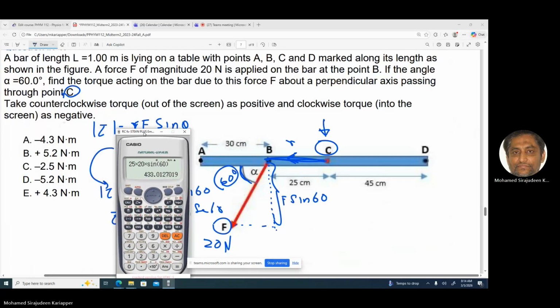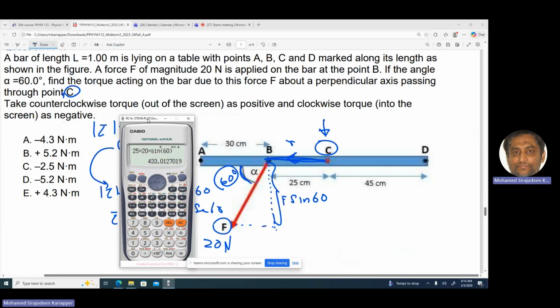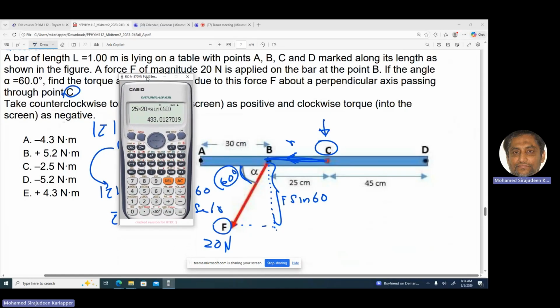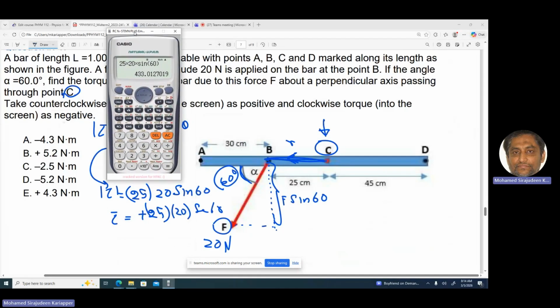Do you have it? What did I do wrong? Maybe centimeter meter thing? Yeah. Okay. Sorry. I should have converted the centimeter to meter. I didn't do that. So what should I do here?